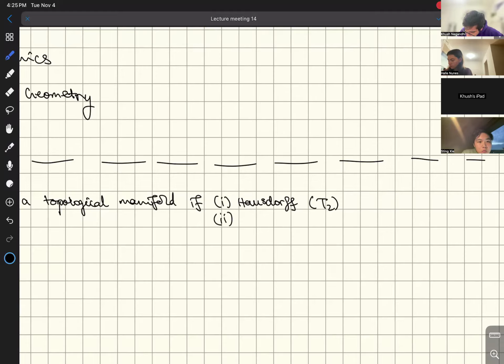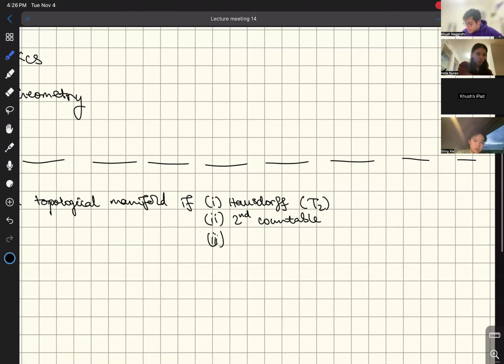Another thing is we require this to be second countable. If you recall, second countability just means that there's a countable basis for the topology. And a basis is something that generates the topology with one additional property.